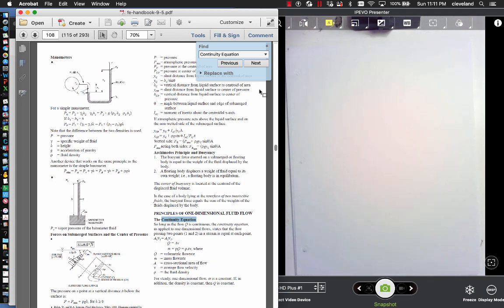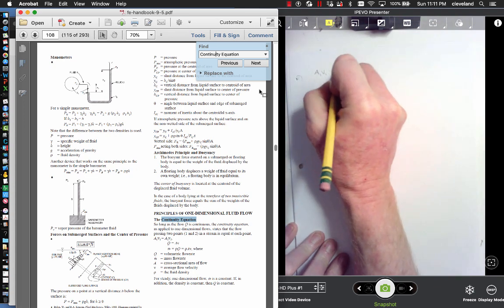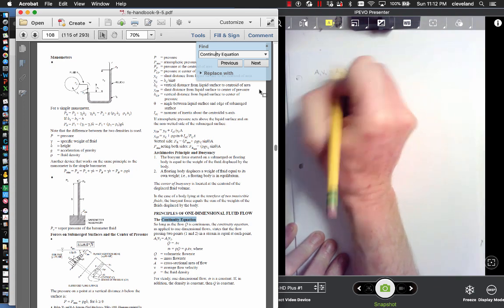This doesn't have spell check. Of course it doesn't. All right, continuity equation simply says that A1 V1 equals A2 V2. So in this case, this will be very straightforward.